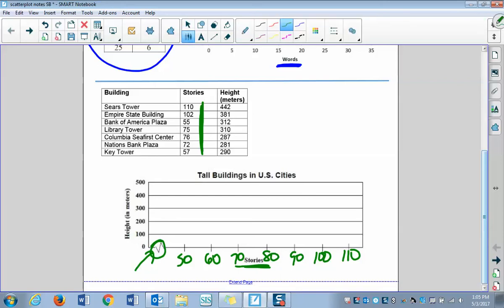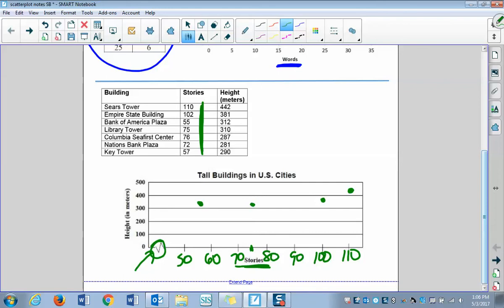So now let's plot these. 110, 442. That would be about there. 102, 381. 55, 312, something like that. 75, 310, so 75 is halfway, and 310 needs to be below 312.